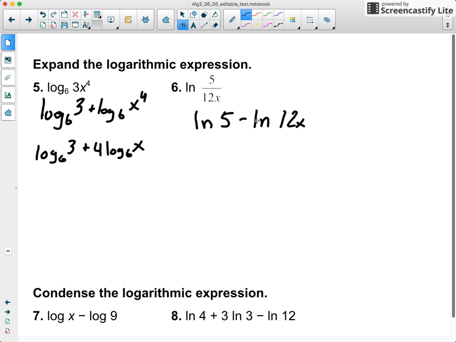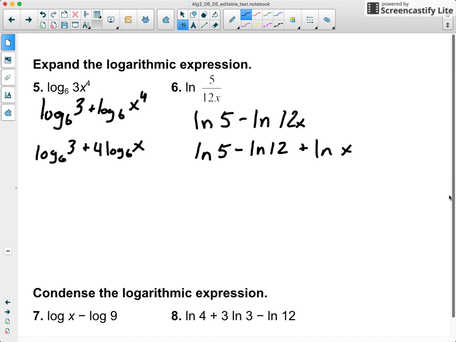I expanded it. But we can actually expand this 12x, knowing that this is really 12 times x. So I can write this as the natural log of 5, and using my product property, I can take this as the natural log of 12 plus the natural log of x.